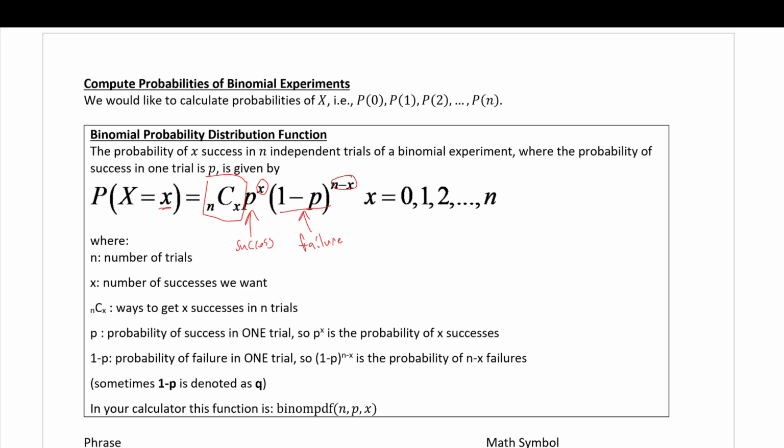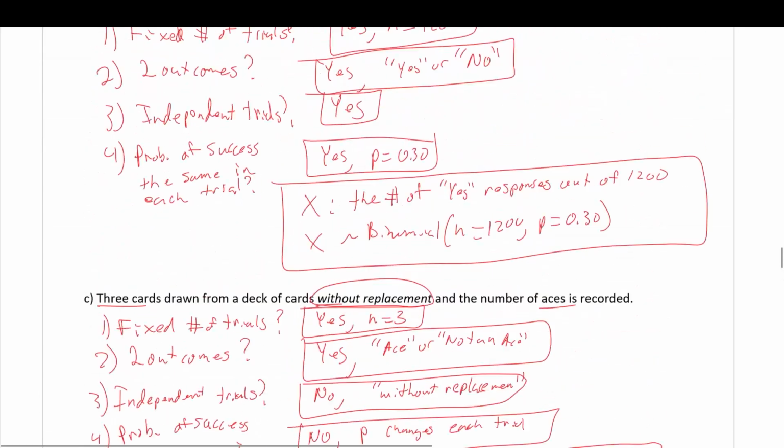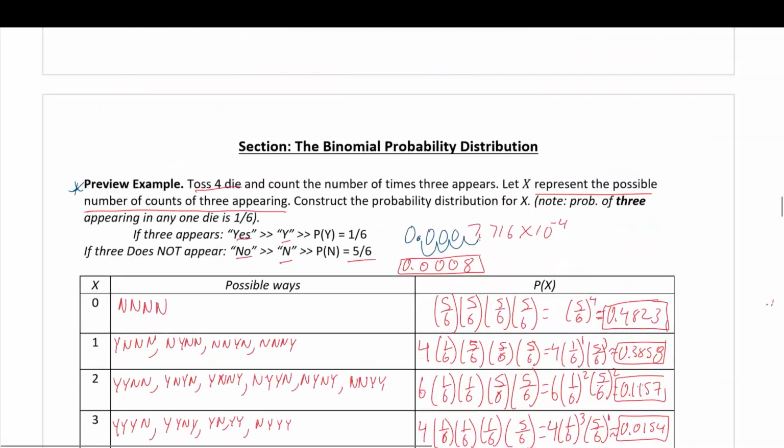Okay. Now, if you go back to that preview example, let's actually go back to that and pay close attention to this. We have successes to a certain power, failures to a certain power, and then there's some number here, right? Some coefficient, number of combinations. Let's go back up to that preview example.